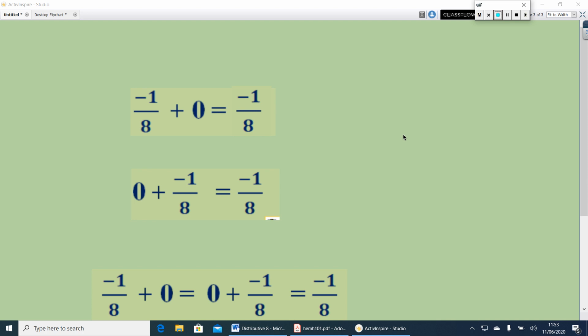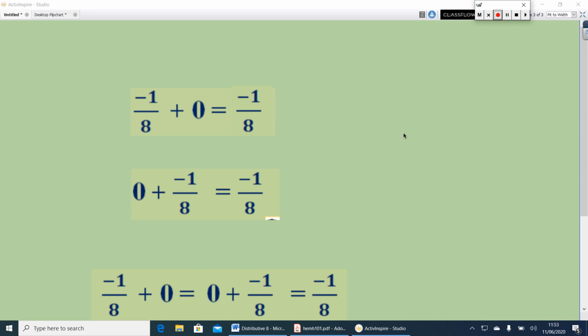That is, when we add 0 to a whole number, you are getting the same whole number. When we add 0 to an integer, you are getting the same integer. And here, when we add 0 to a rational number, you are getting the same rational number as the answer.